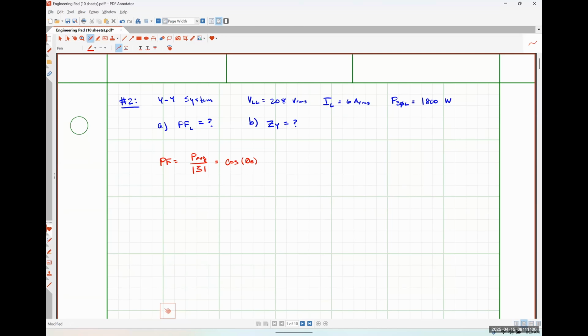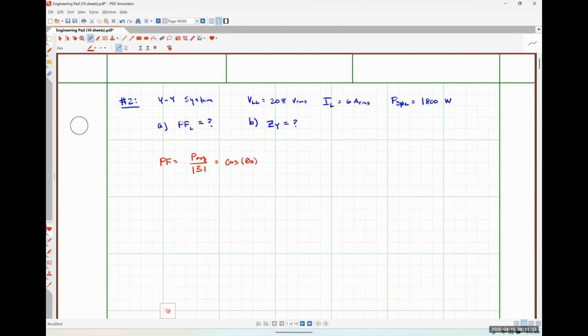So which of those 2 relationships do we have some of the information for already? Let's start there. So the average power, right?